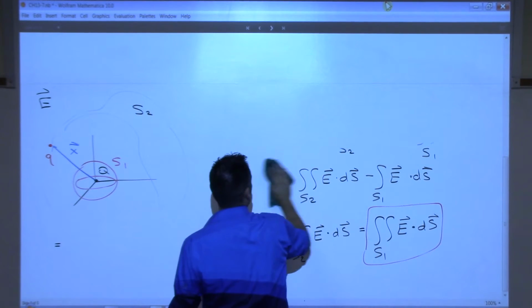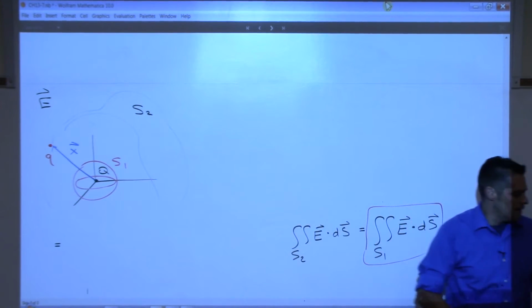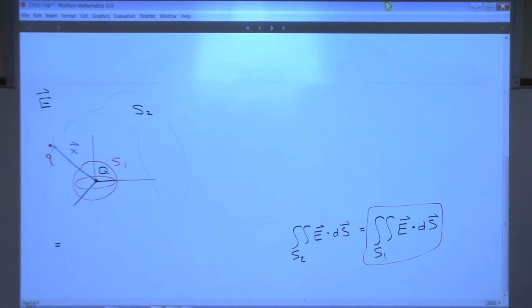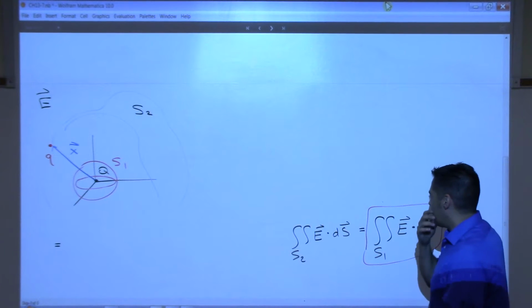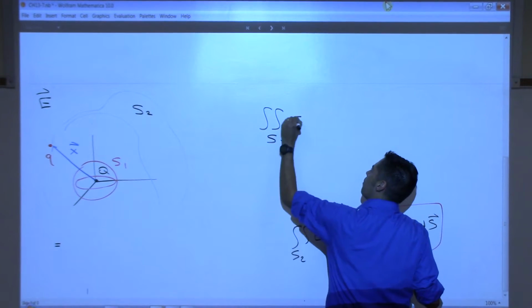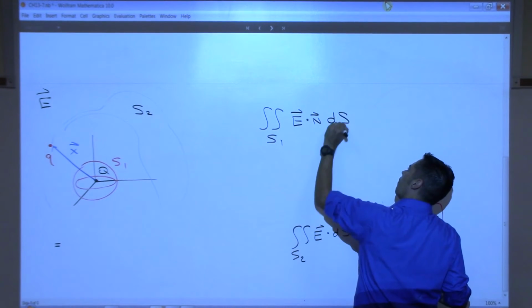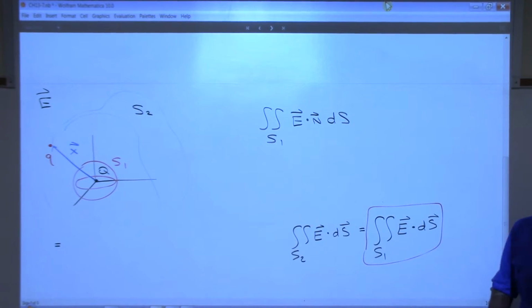We could come up with some parameterization of the sphere and all that stuff, but I'm going to do something even more clever, I guess. I'm going to try and use this formula, because I think I know something about the normal vectors on a sphere.